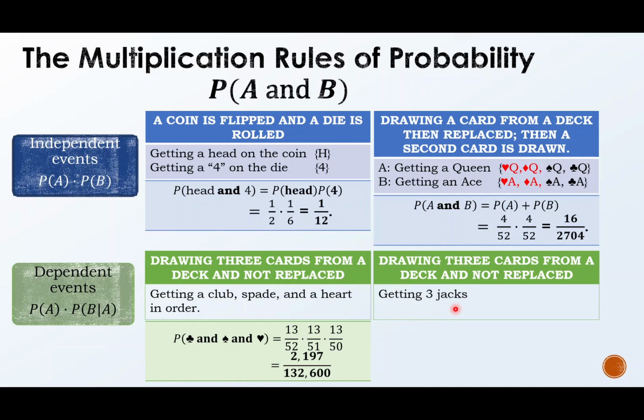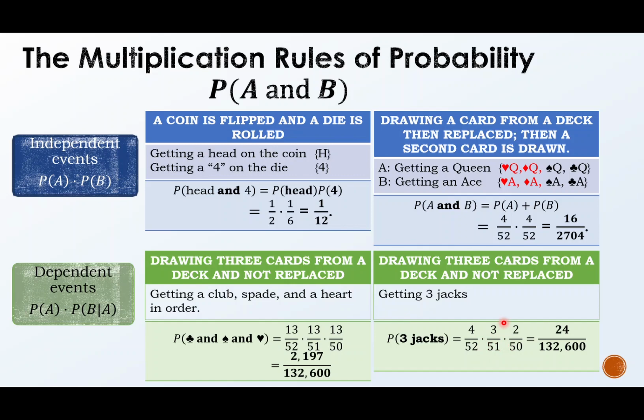Another example, same experiment, we get 3 cards from a deck, hindi natin ibabalik without replacement. And what's the probability now that we will get 3 jacks? So getting 3 jacks is similar to getting the probability of a jack and jack and jack, right? So for the first jack, you have, di ba, 4 lang ang jacks natin, 4 out of 52. But since hindi natin binalik, 51 cards na lang natira.